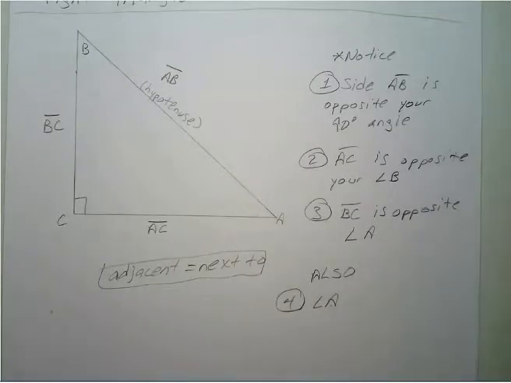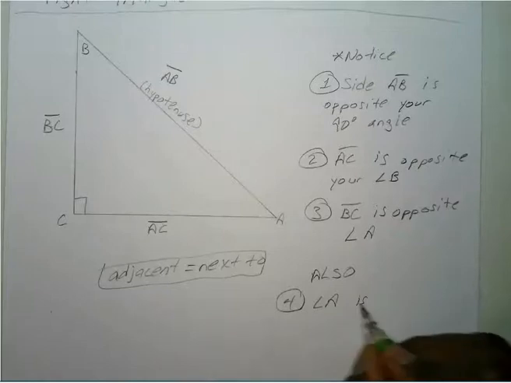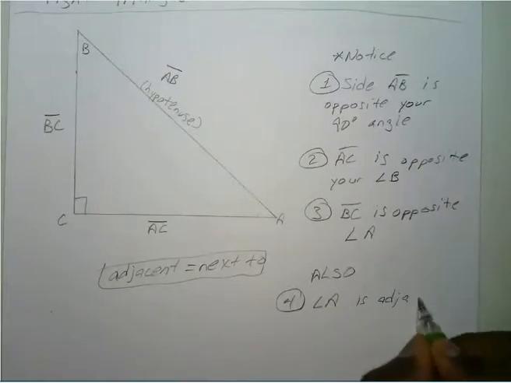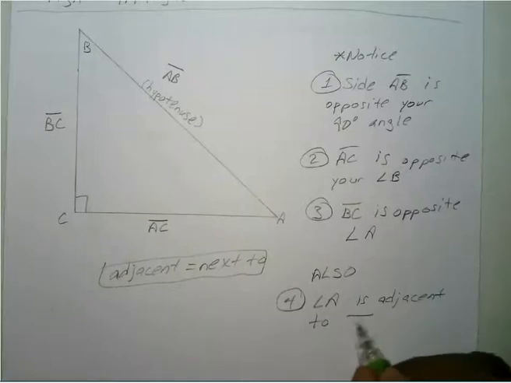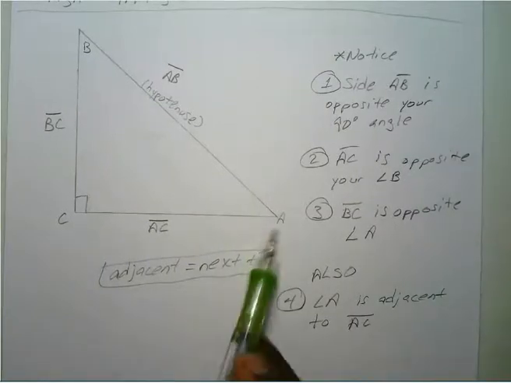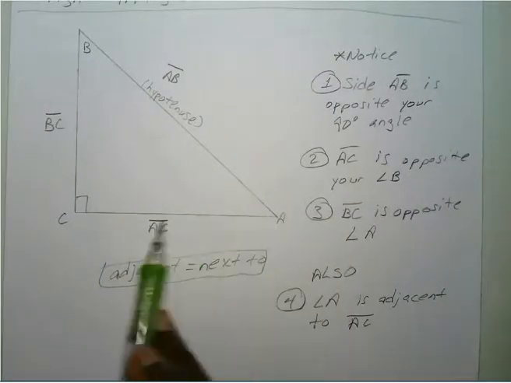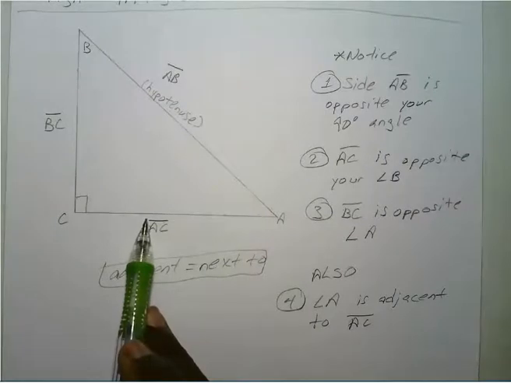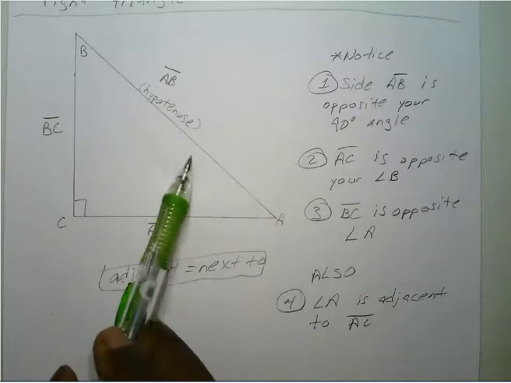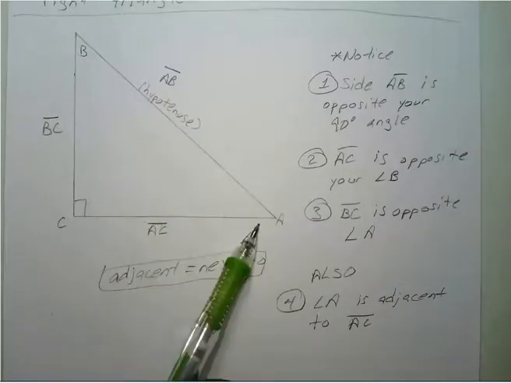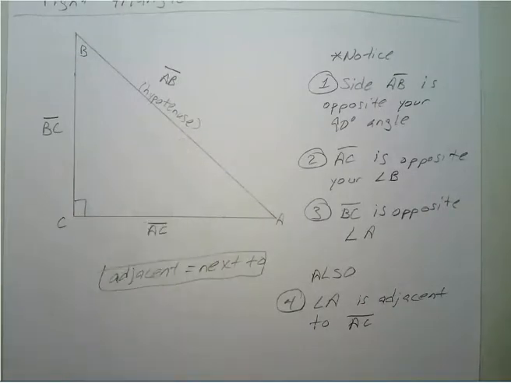Angle A is adjacent to side AC. This is angle A. See, it's right next to side AC. Now, we don't really count the hypotenuse as being adjacent to angle A because it's the hypotenuse.